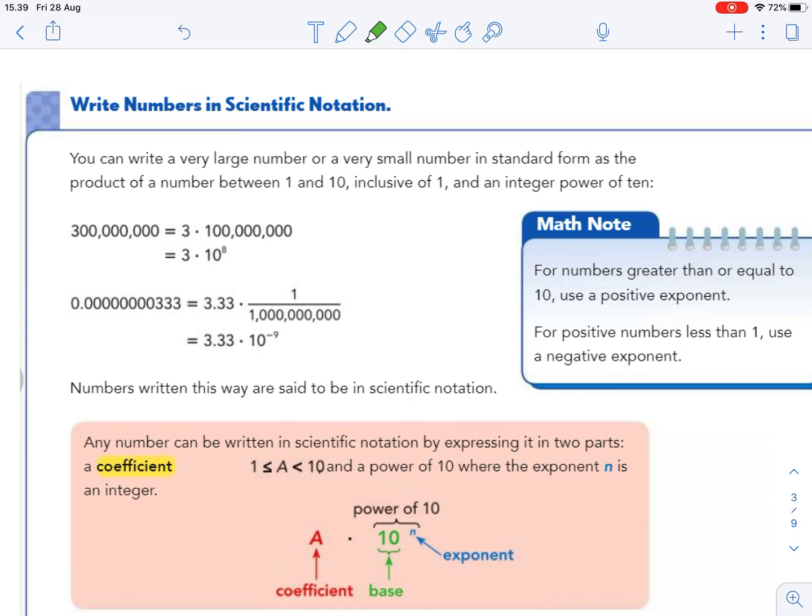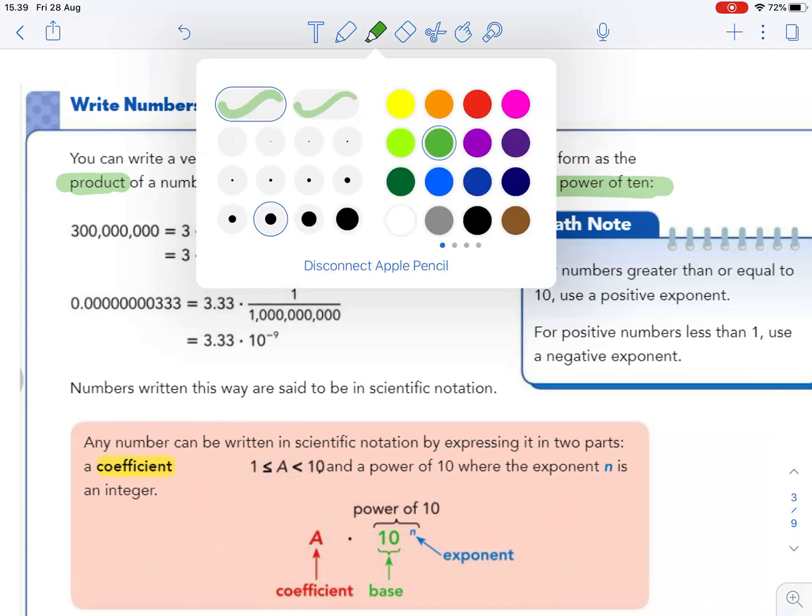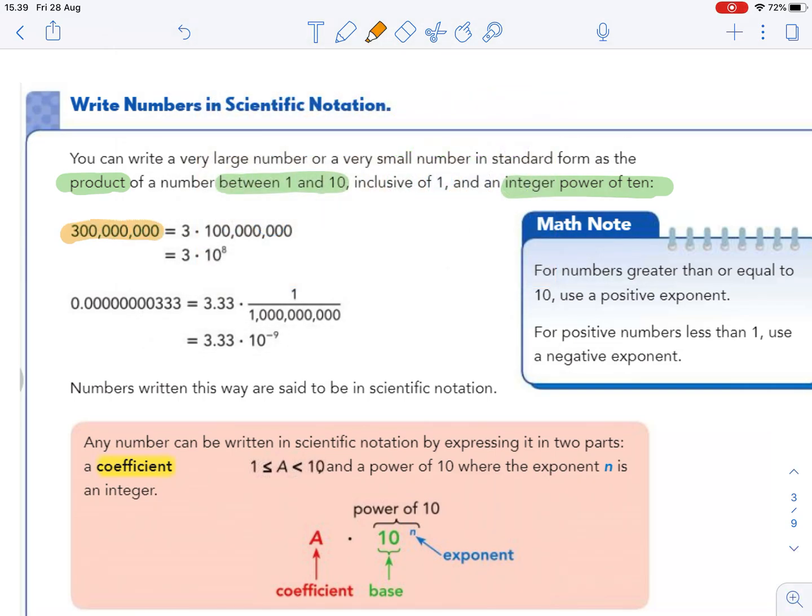So with scientific notation, we're going to write any number as a product between 1 and 10 and an integer power of 10. So for example, here I have 300 million, okay? I can write this as a number between 1 and 10, which is 3, and I can write it as a product between 3 and an integer power of 10.